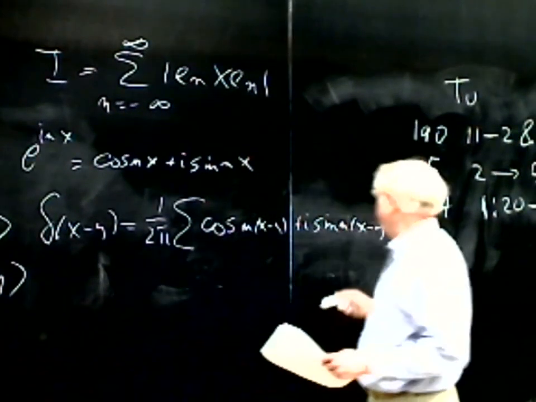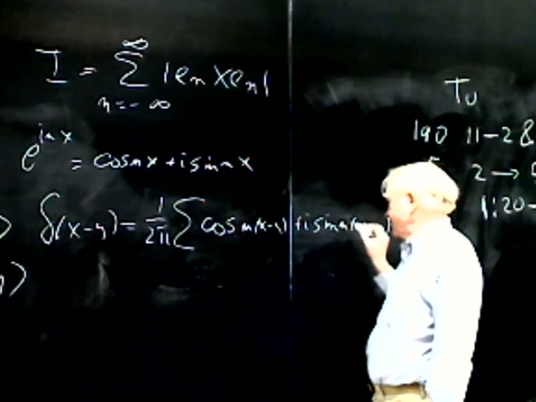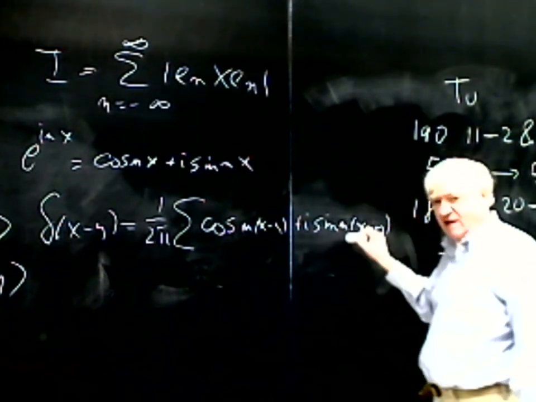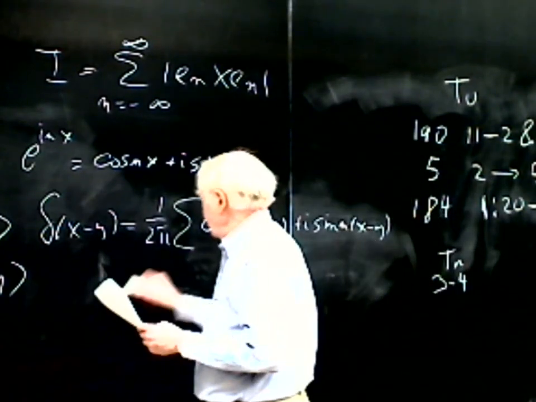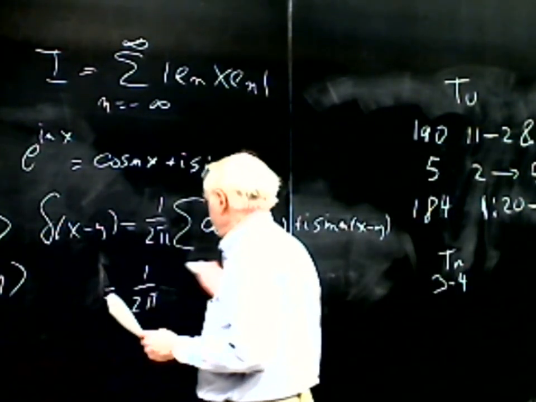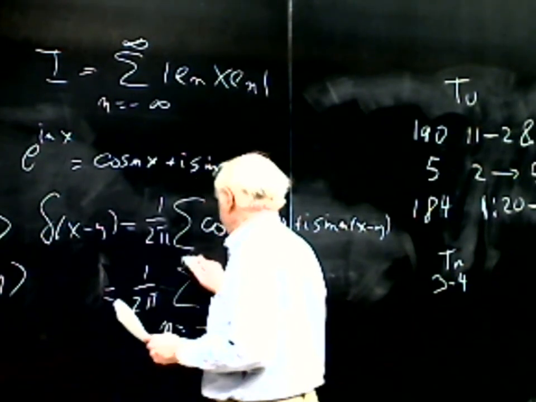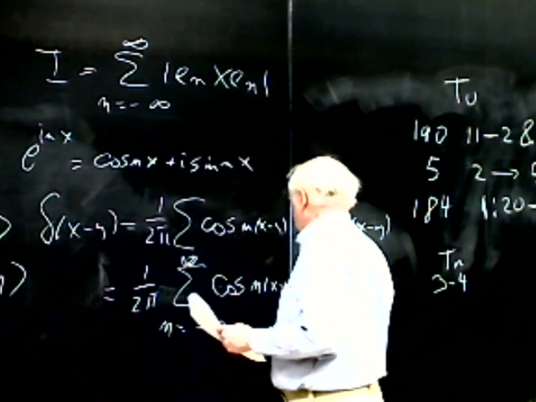On the other hand, sine is an odd function, so if n is 32, you would also have minus 32, and they're going to cancel. So they go away, and you just have 1 over 2 pi sum n equals minus infinity to plus infinity cosine of n x minus y.